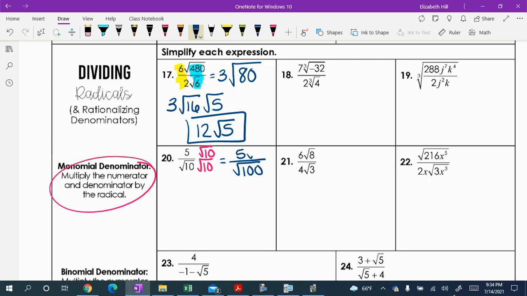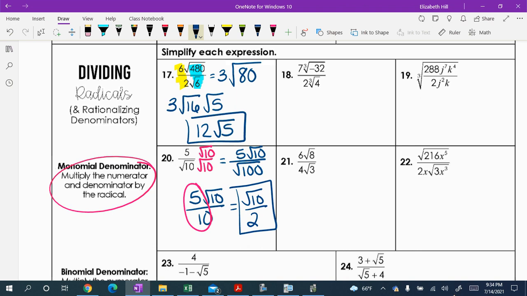And then I have 5 square roots of 10 up on top. Square root of 100 is 10, so you're left with 5 square roots of 10 over 10. Now I do need to double check here. We can simplify right here. 5/10 is 1/2, so we get the square root of 10 over 2. That's what that simplifies down to.